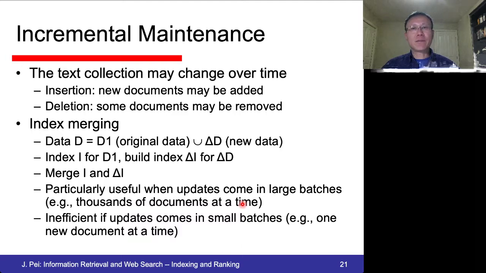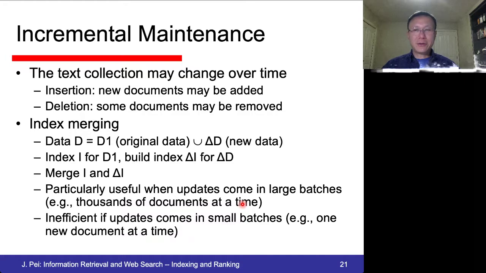This leads to the problem of incremental maintenance. In the incremental maintenance context, the text collection may have changes of two types. The first is insertions, meaning new documents being added into the collection. The other is deletions, meaning some documents may be removed.